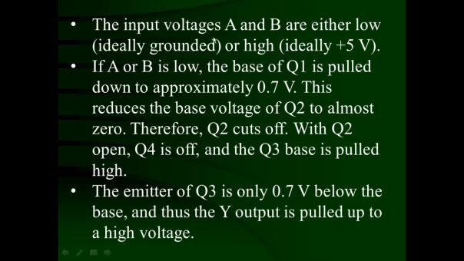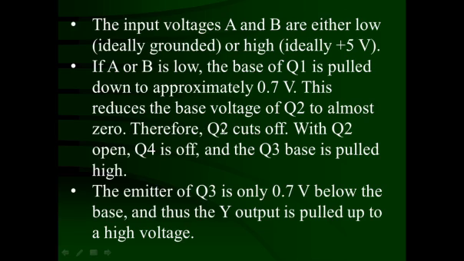The input voltages at input A and B are either low, ideally grounded at 0 volt, or high, ideally plus 5 volt. If A or B is going to be low, the base of Q1 is pulled down to approximately 0.7 volt. This reduces the base voltage of Q2 to almost 0.